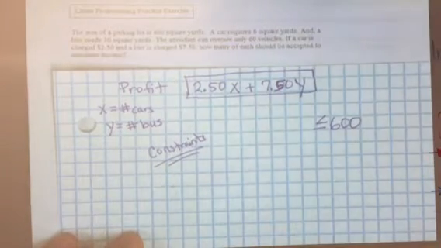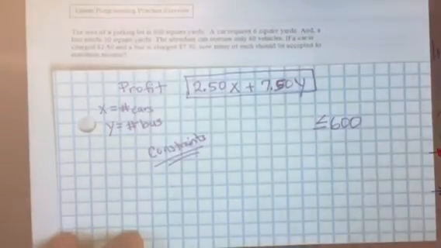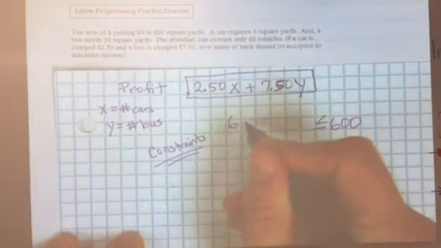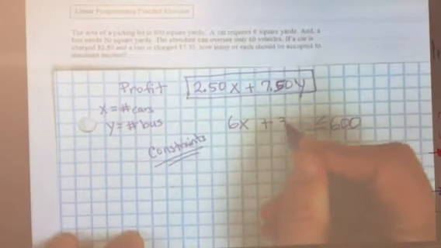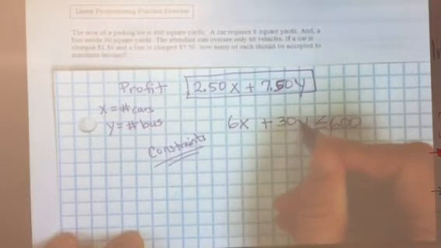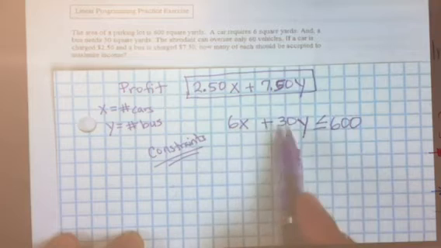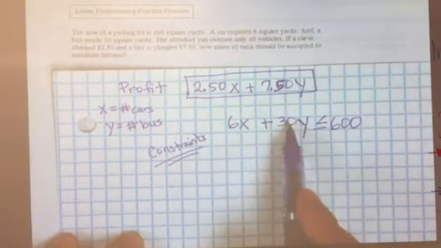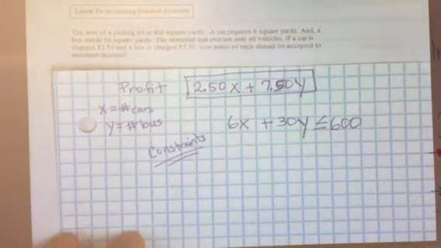No more than 600, since it says the area of the parking lot is 600 yards. Each car is 6 yards, so that's 6 per X, and each bus is 30 yards, so that's 30 per Y. So again, these numbers all have to do with the area. The area the car and the bus takes up has to have a total less than or equal to 600.